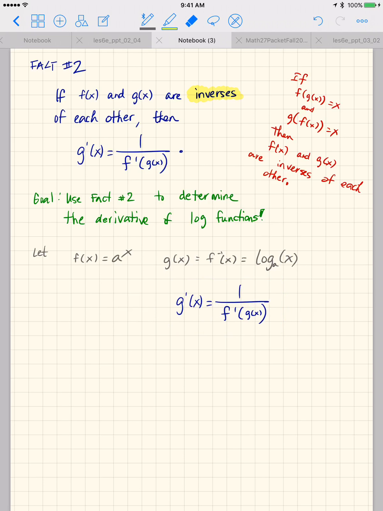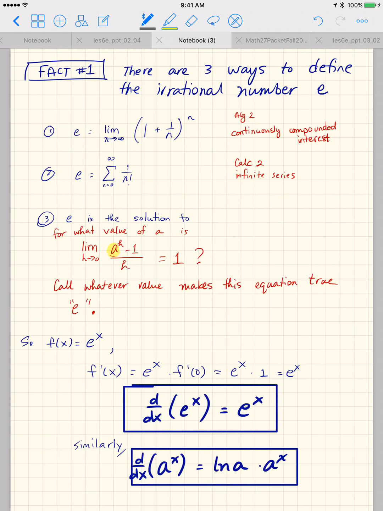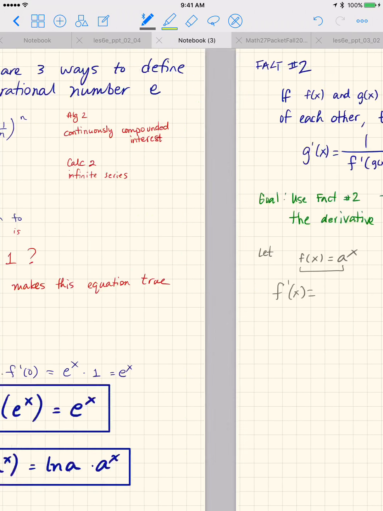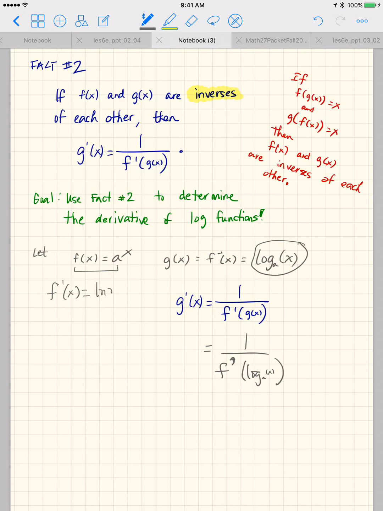But now what is g of x? G of x is log base a of x. So this is equal to 1 over f prime of log base a of x. But now what's the f prime? If f of x is equal to a to the x, then f prime of x is equal to natural log of a times a to the x.